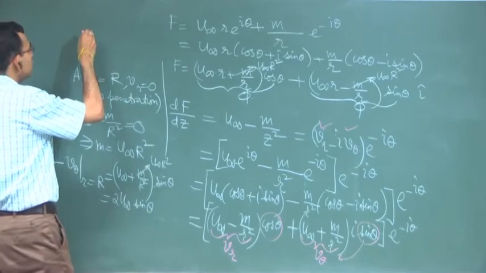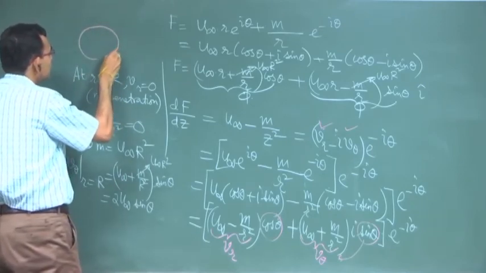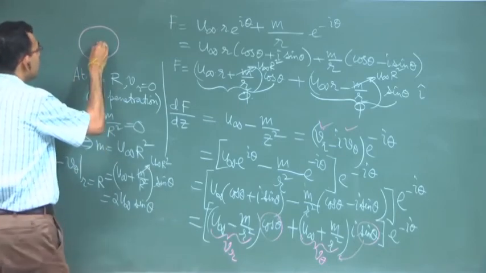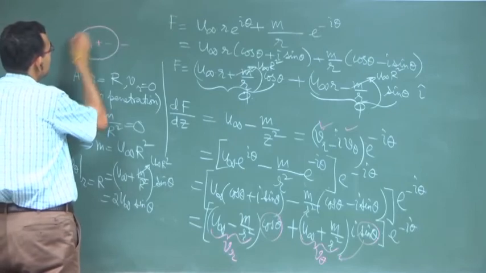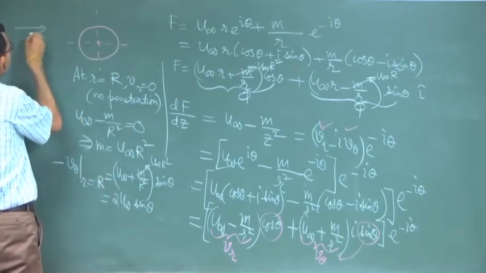We are talking about the cylinder for so long, but we have not drawn it. Let us say the cylinder is located like this, and u infinity, the flow is coming from this side.